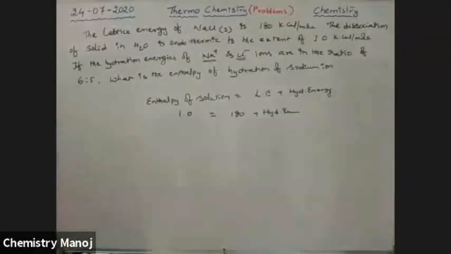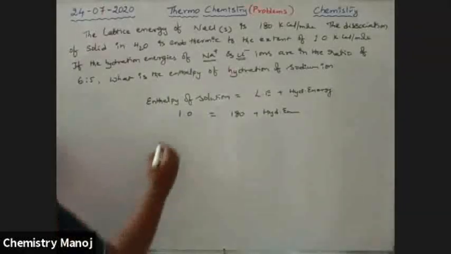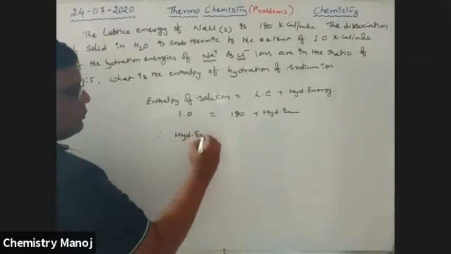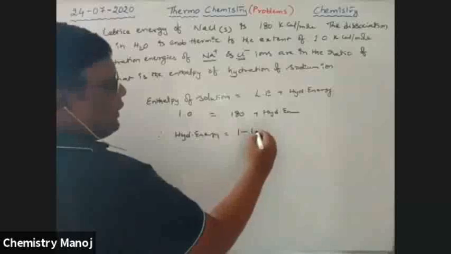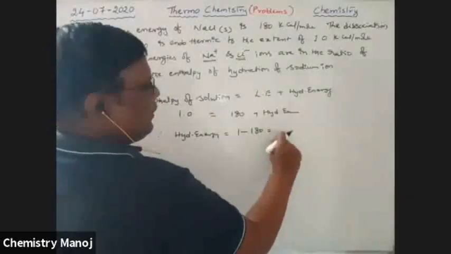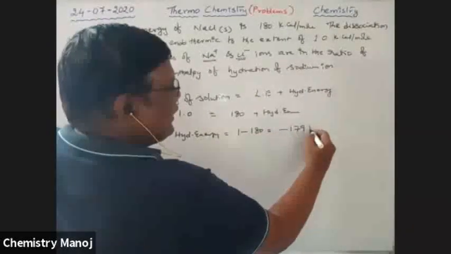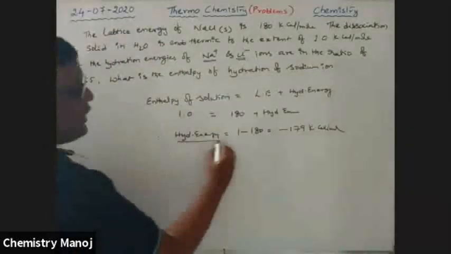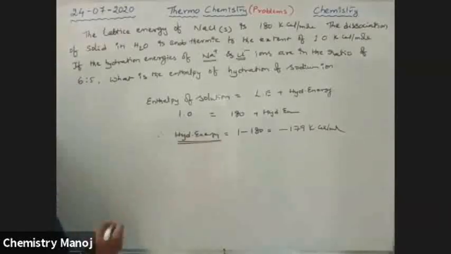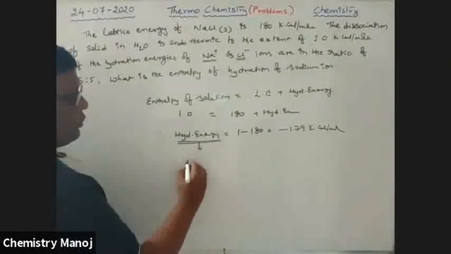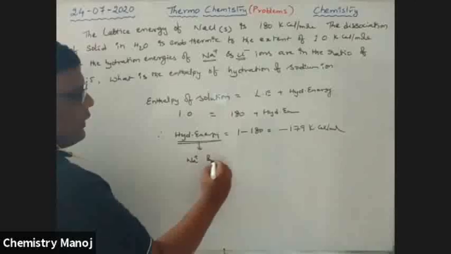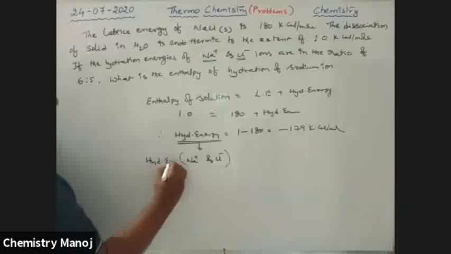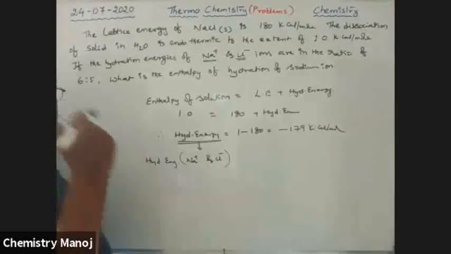Therefore, hydration energy is equal to 1 minus 180, which is minus 179 kilocalorie per mole. This hydration energy is due to Na plus ions and Cl minus ions.